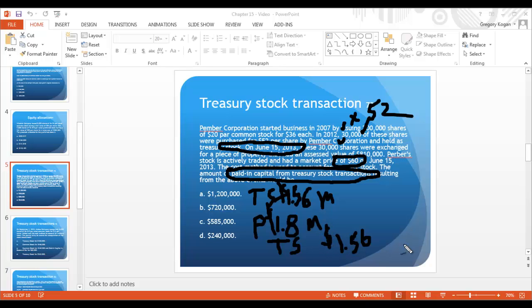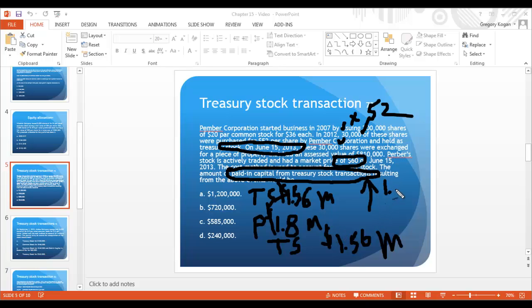So what's remaining is the question, and the remaining is what is considered paid-in capital from treasury stock transactions, which is going to be a credit because you essentially had a gain on this treasury stock by what? The difference between 1.8 and 1.56.